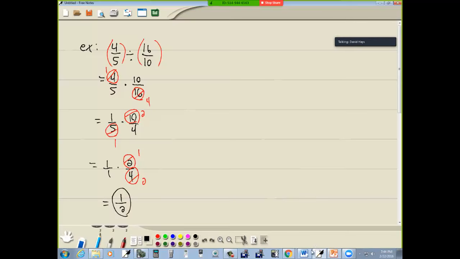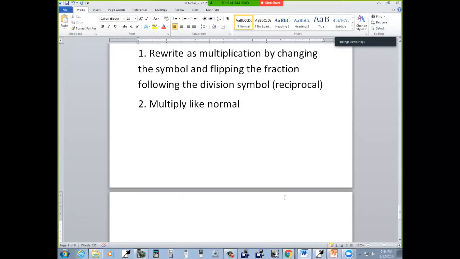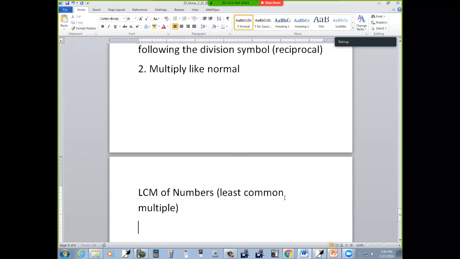Now, let's take a look at finding the LCM of numbers. Now the LCM stands for least common multiple. Step 1, we write the prime factorization of each number.